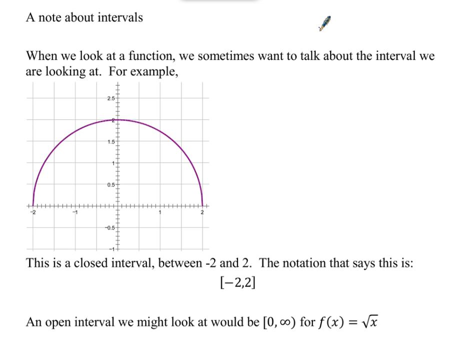Okay, a little note about intervals here. That's kind of the same function that we were just looking at. I like to use interval notation. I think the book likes to use interval notation as much as possible. And remember, interval notation deals with parentheses and brackets. In this case, we would be using brackets because the function does exist at negative 2.